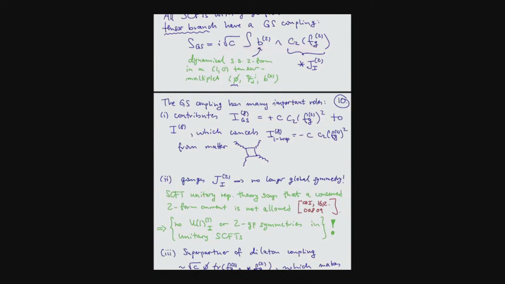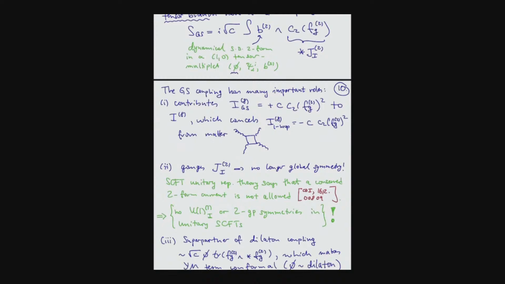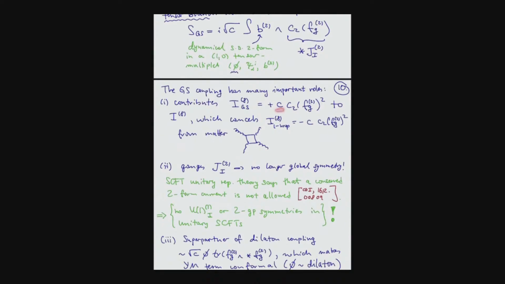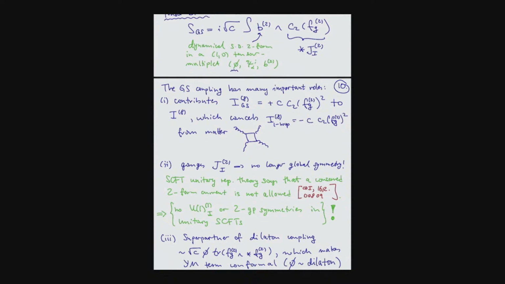So we get a contribution that looks like C times the second Chern class squared to the pure gauge anomaly of the theory. And this coefficient C is non-zero because it has to cancel a certain one-loop contribution involving fermions that gives rise to an anomaly of the same form, but with coefficient minus C. So this is unavoidable in superconformal theories, and this is how Seiberg argued that this coupling has to be there.